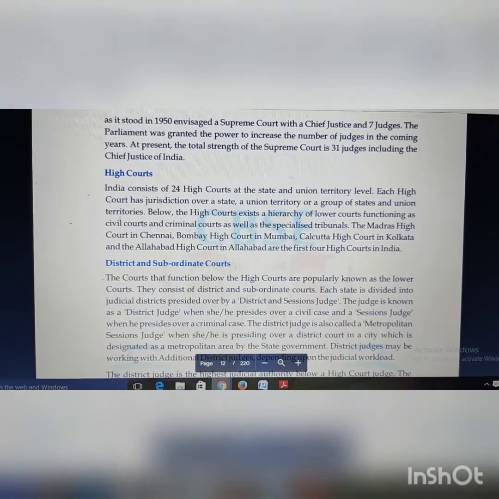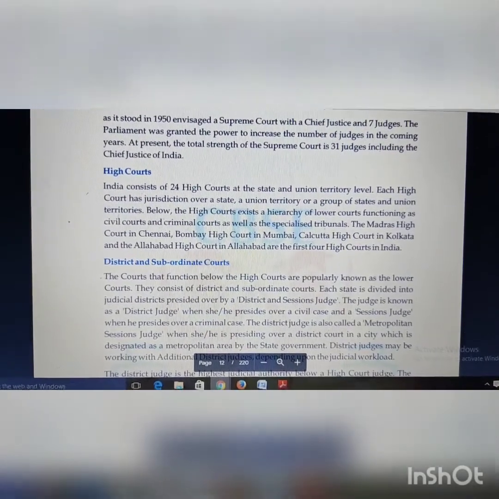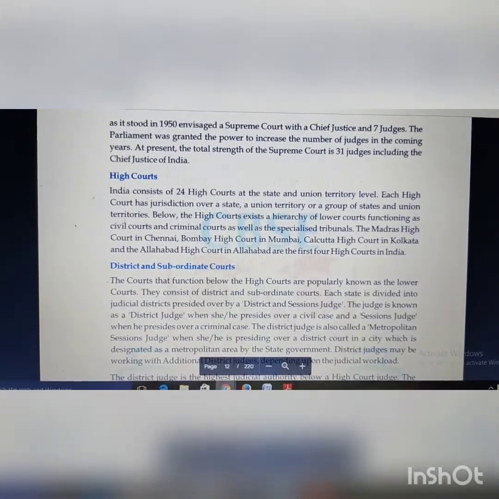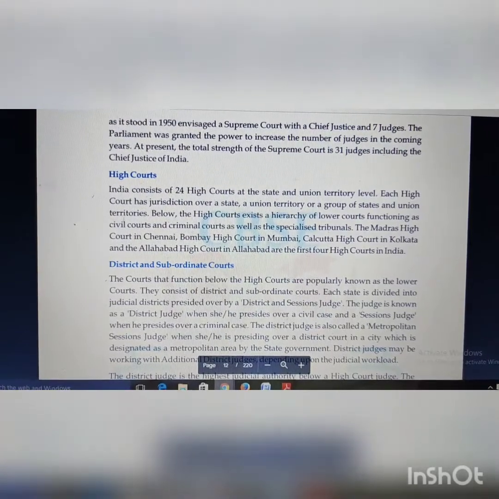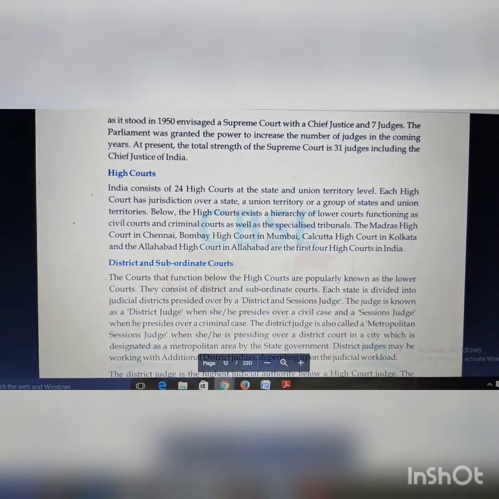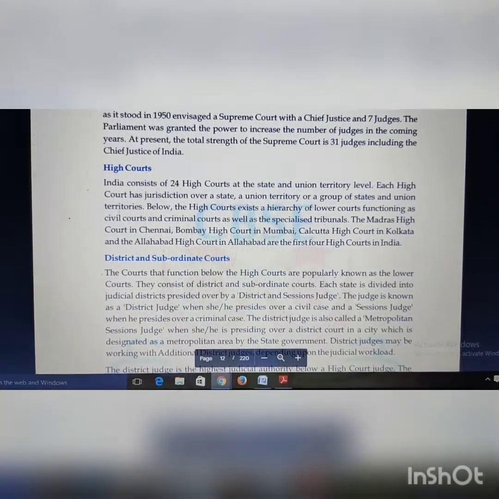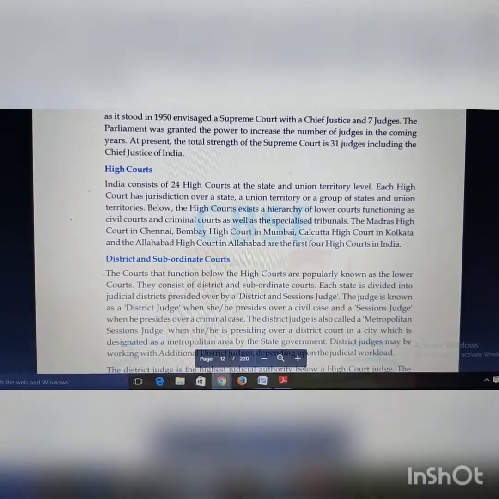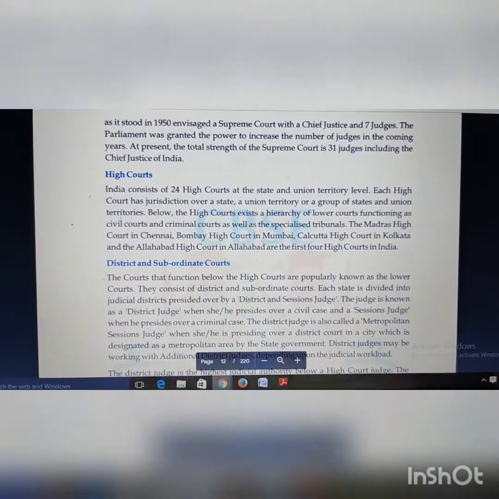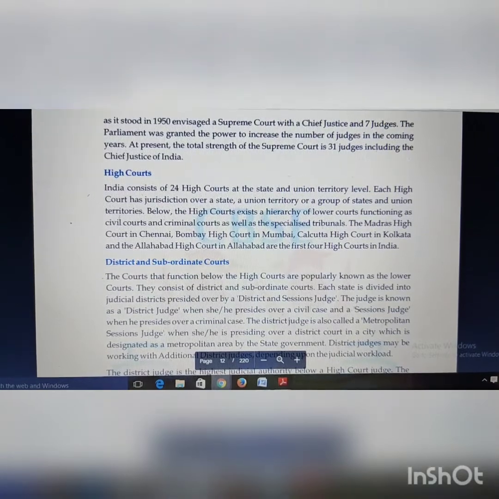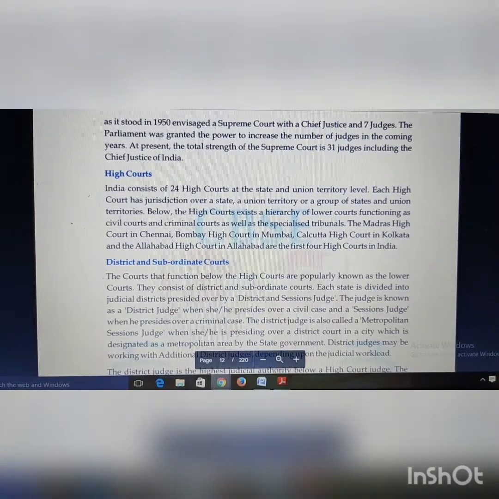Then the Allahabad High Court is in Allahabad, and it has jurisdiction over the whole of UP. I have told you earlier also, high courts are in each state, but its center may be in the state capital or in any other big city of the state.